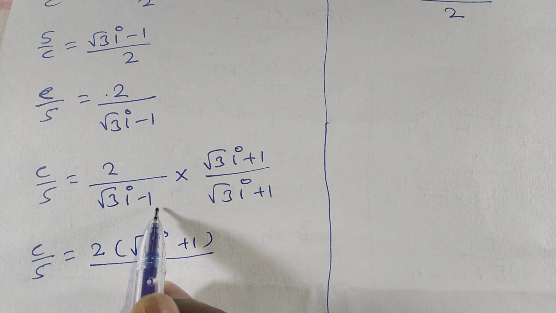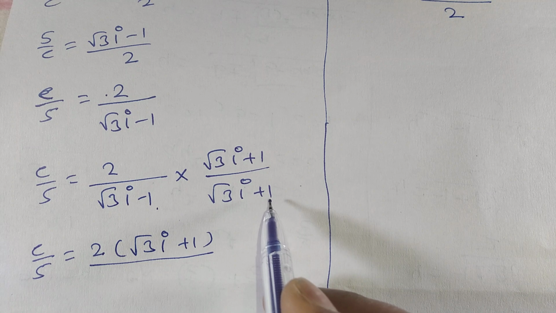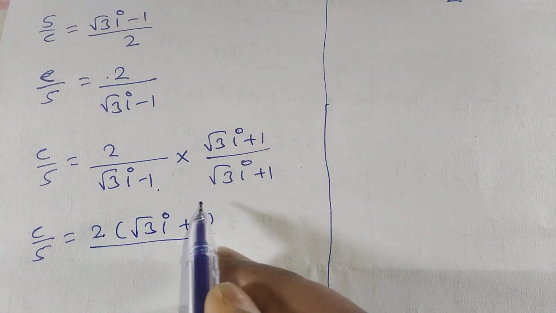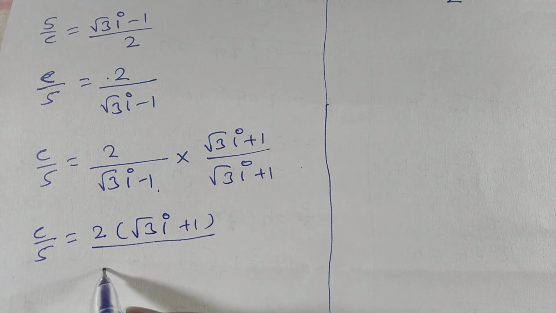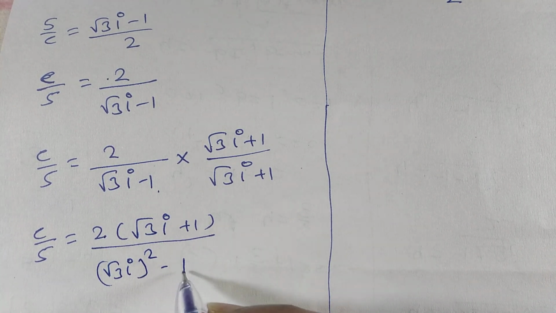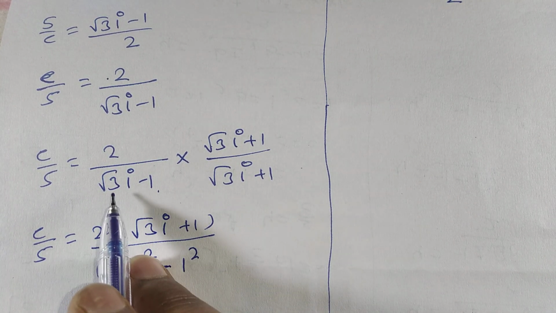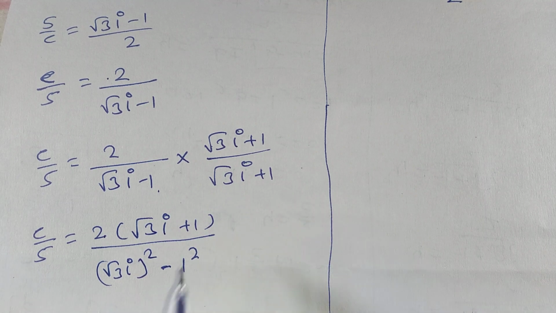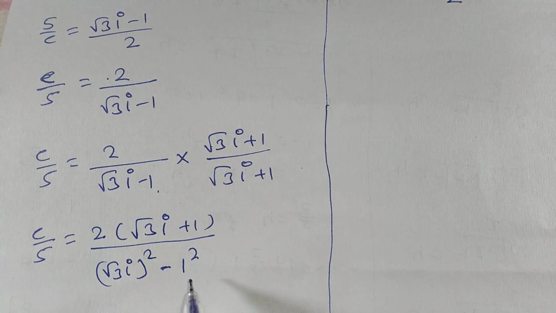Same as a minus b, a plus b is equal to a square minus b square: square root of 3 iota whole square minus 1 square, identity a square minus b square.